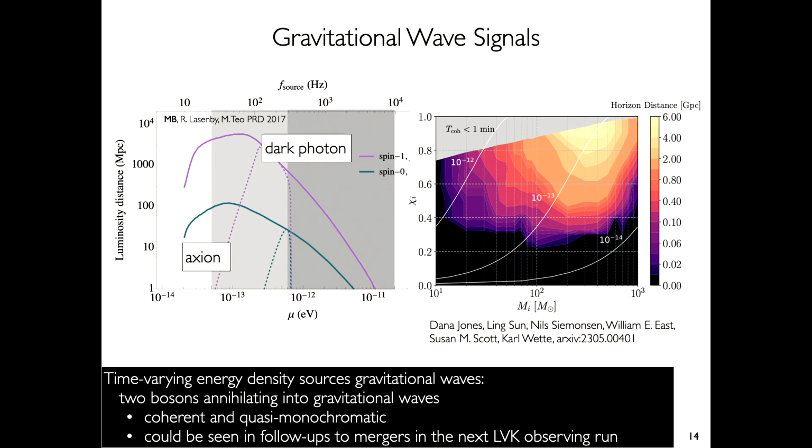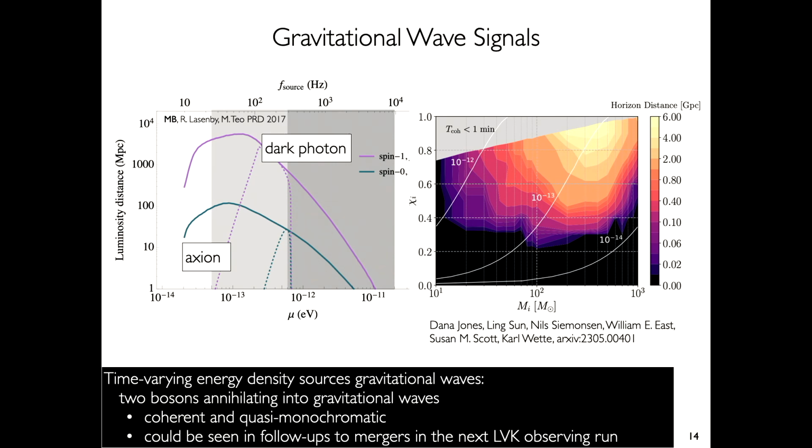So if you have a quickly rotating black hole, we estimated with our analytic methods that you could see the gravitational waves emitted from a dark photon cloud from a few gigaparsecs away with design sensitivity advanced LIGO detectors. And for scalars or axions, it's going to be hundreds of megaparsecs, because as I mentioned, for vectors, the signals are much stronger.